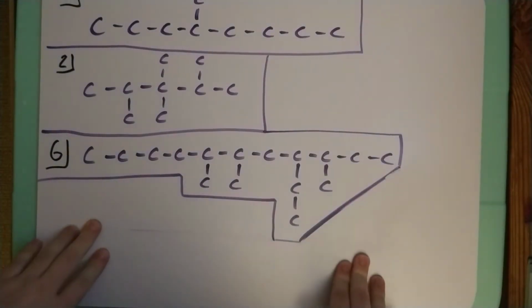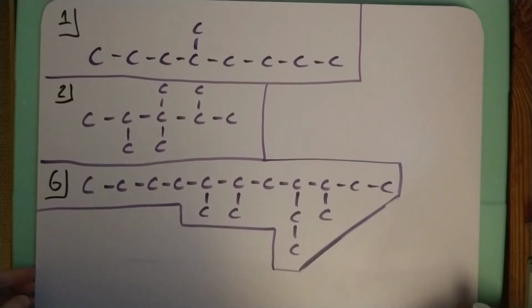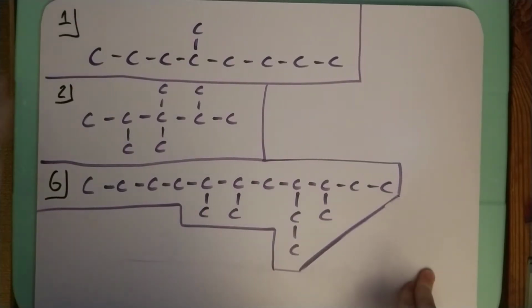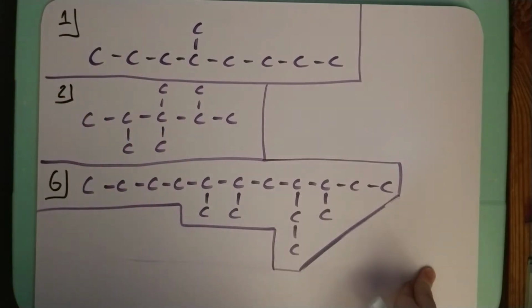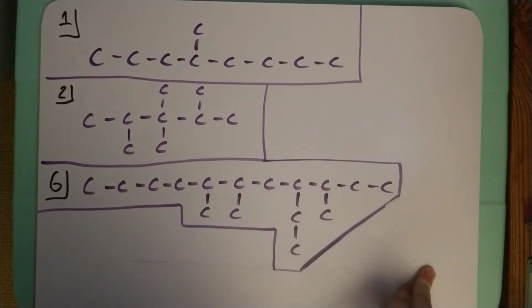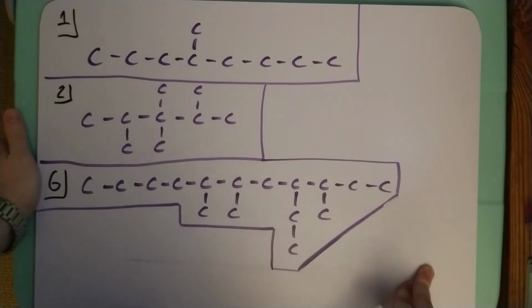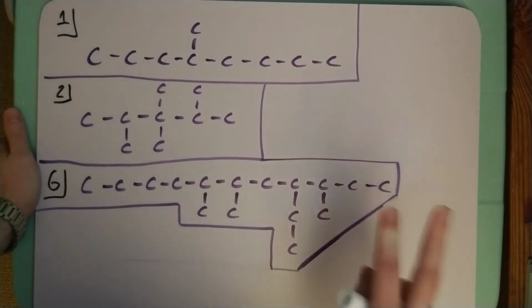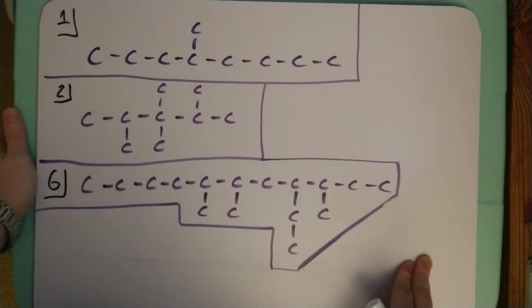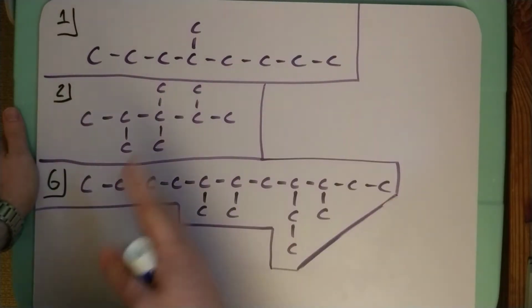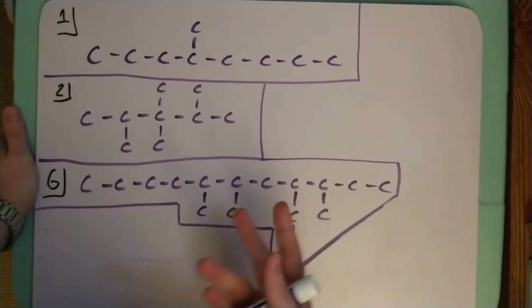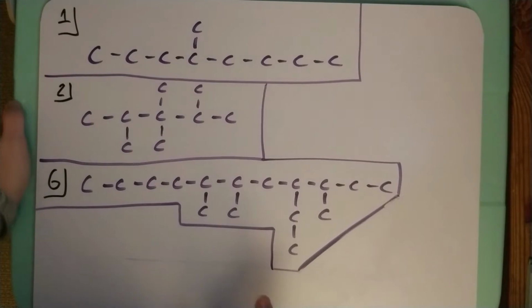Here I have numbers 1, 2, and 6 from the previous panel. And what I have done is I have straightened out the parent chain, so that the parent is just one straight line and all of the branches are more clearly and easily identifiable.